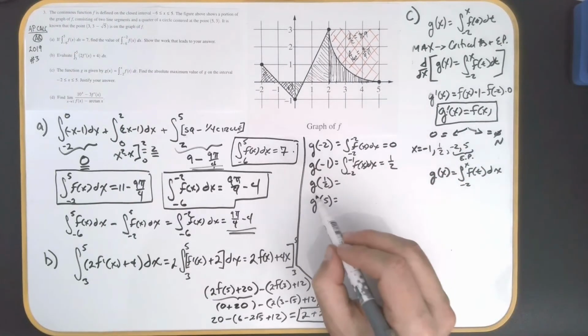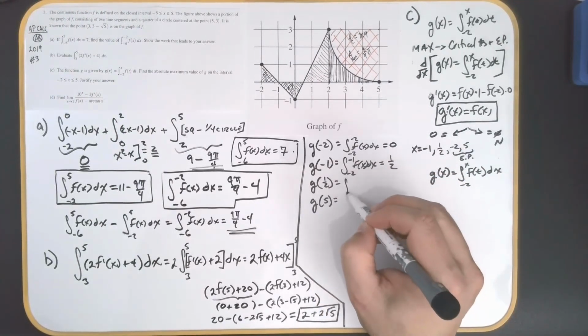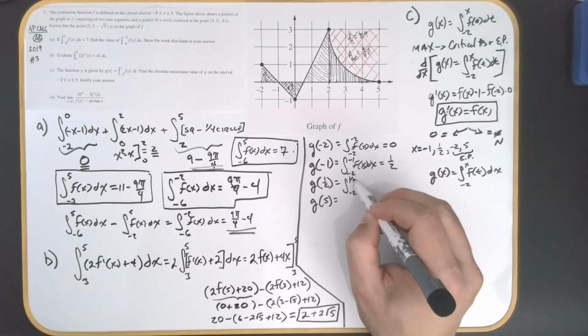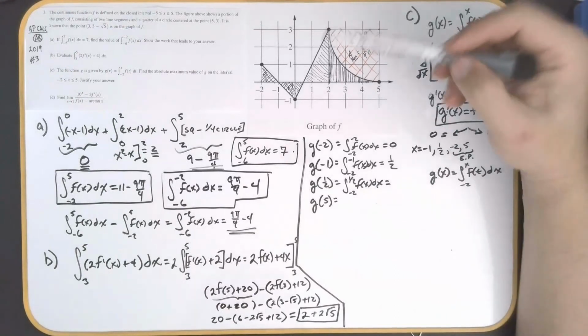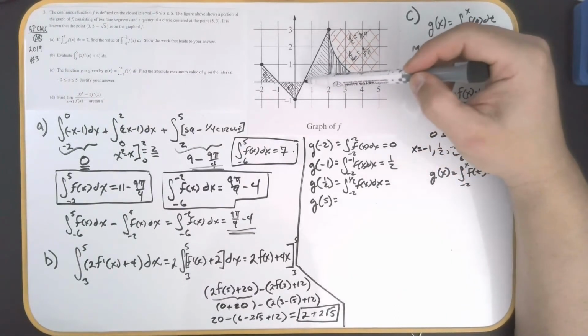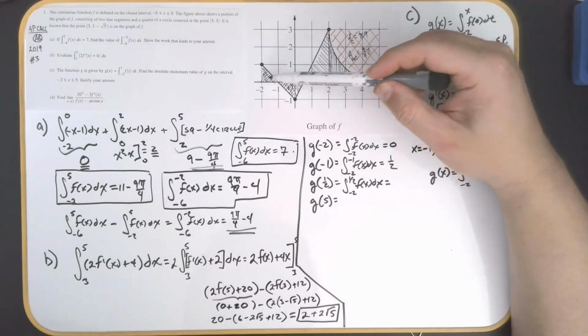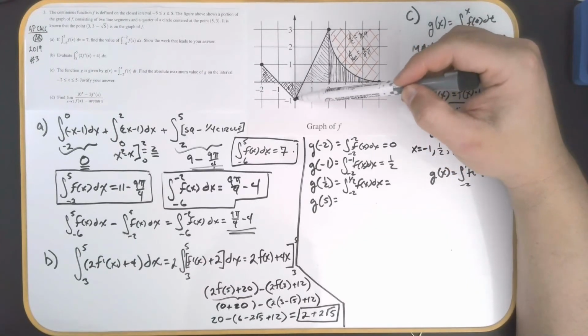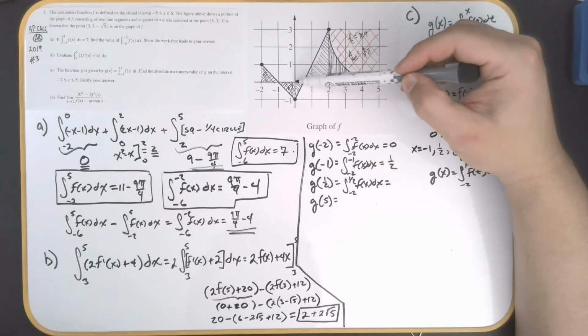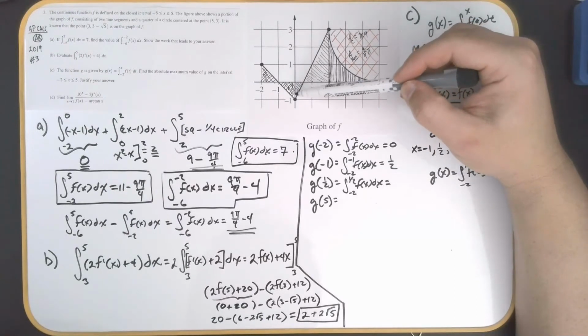Okay, g of 1/2. We're going to go from negative 2 to 1/2, back to the graph. All right, let's go from negative 2 to 1/2, so we're going to this point right here. Well, negative 2 to 0, those cancel each other out, so we're at 0. So then what's the area of this little guy right here? Well, this little right triangle, that's 1.